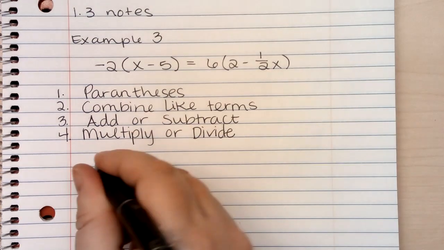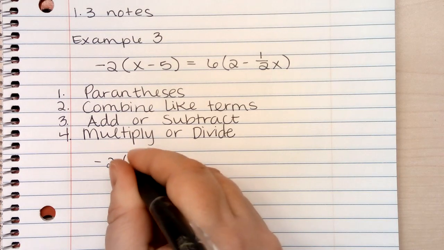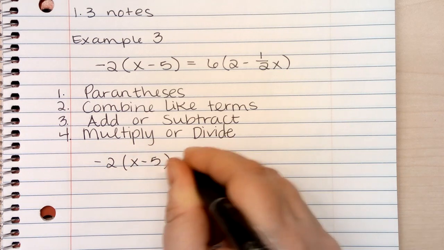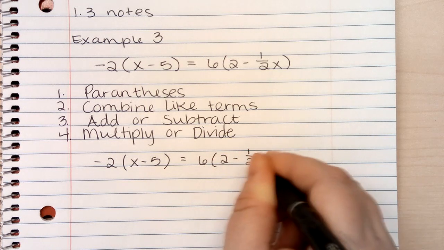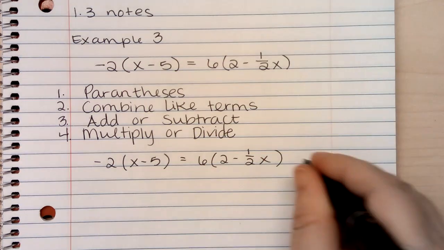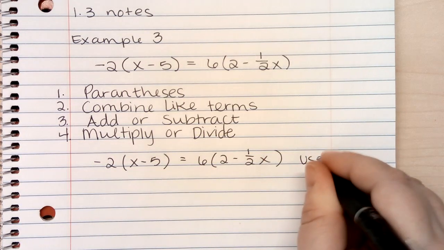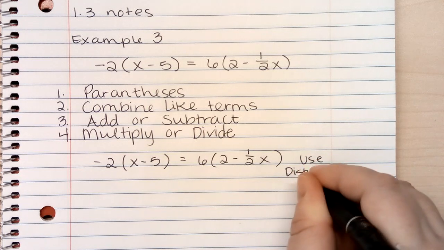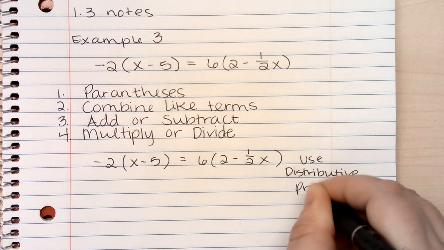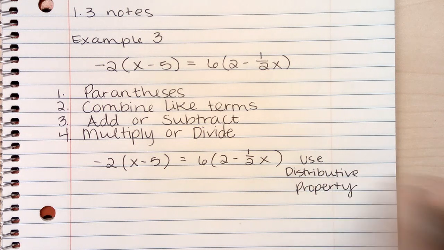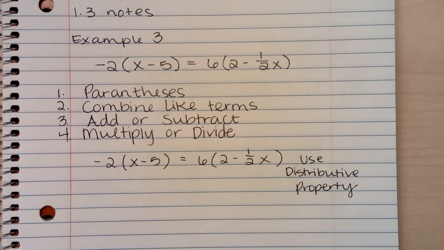So I'm going to rewrite the problem here. So we're going to use distributive property. Fancy math talk for multiply through those parentheses.